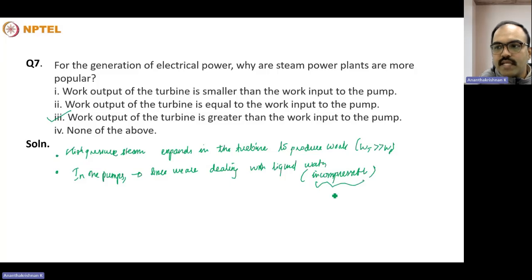it's basically incompressible. That means that its volume doesn't change. It's almost a constant. So the work of the pump can be written as the specific volume multiplied by the change in pressure, so that the liquid can be pressurized.